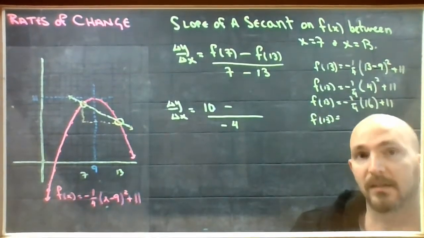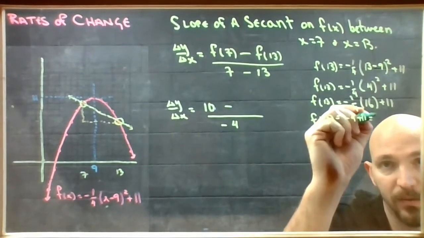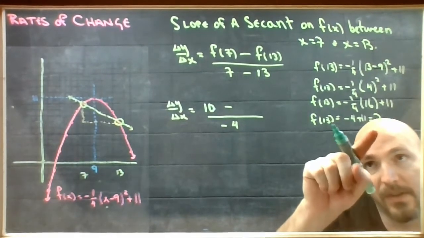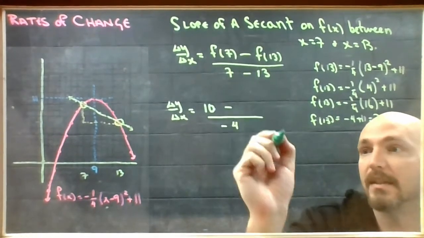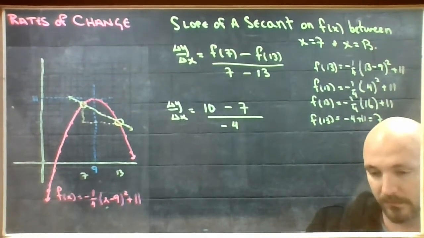A quarter of 16 would be 4, so I end up with -4 plus 11, which equals 7. So the value of this function at 13 is 7 high.